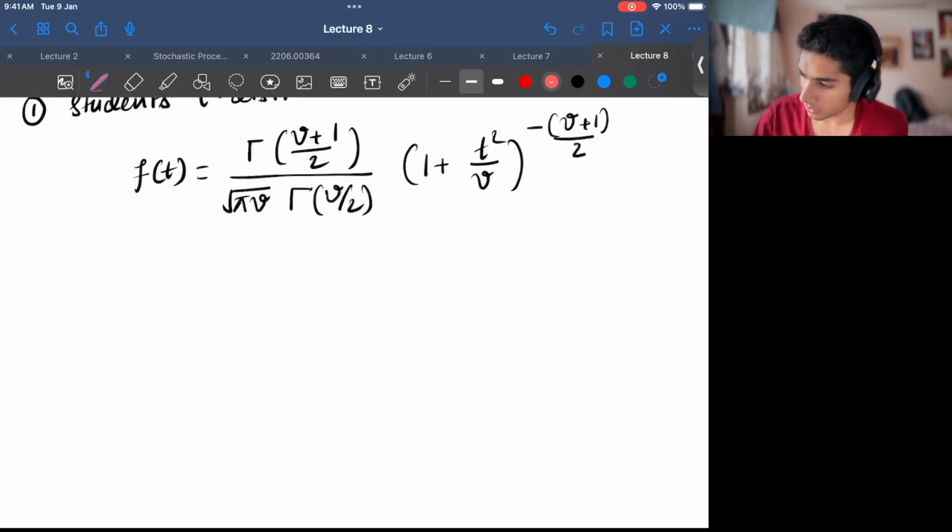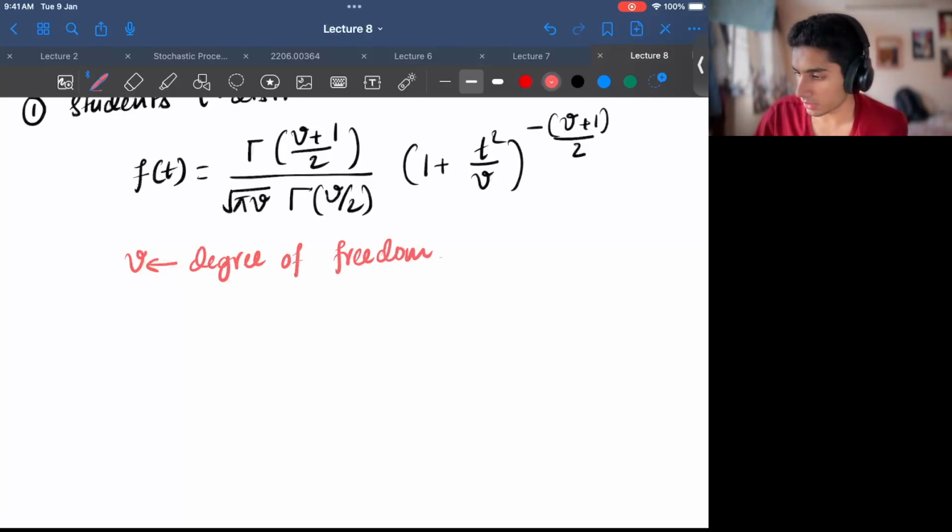Where nu here is the degree of freedom. So this is one of the recurring distributions that we'll keep seeing, right?